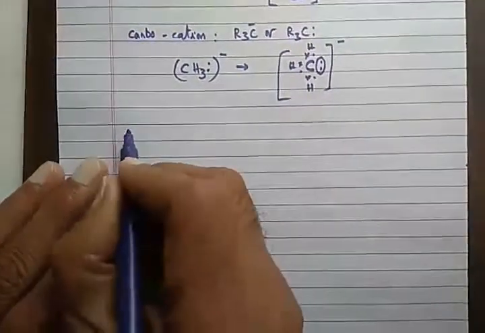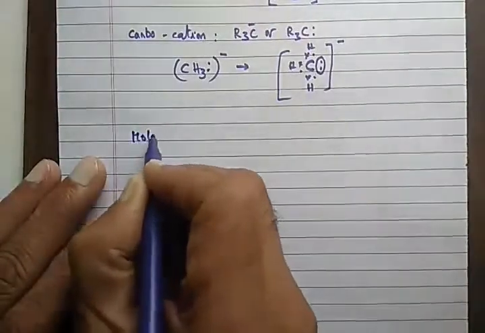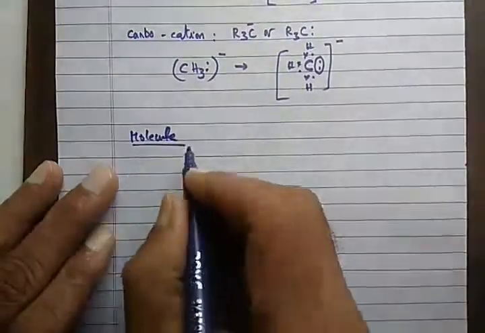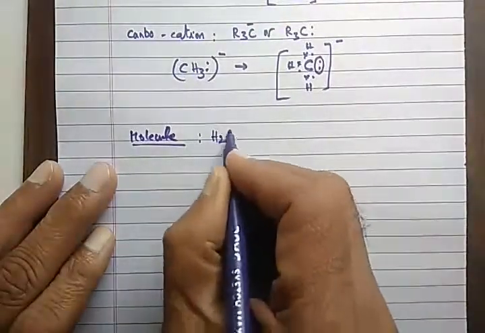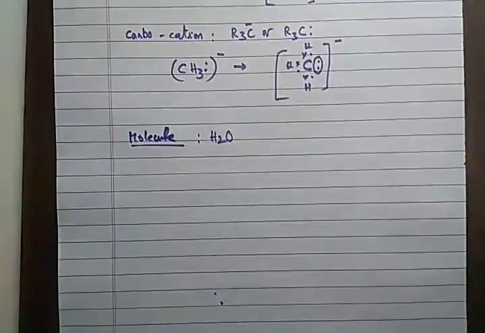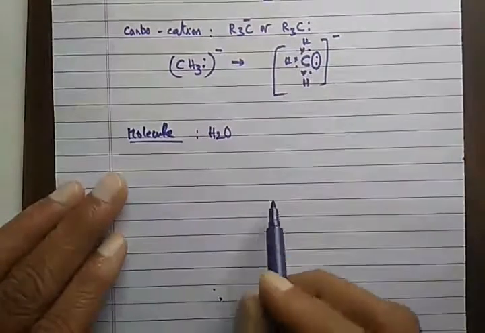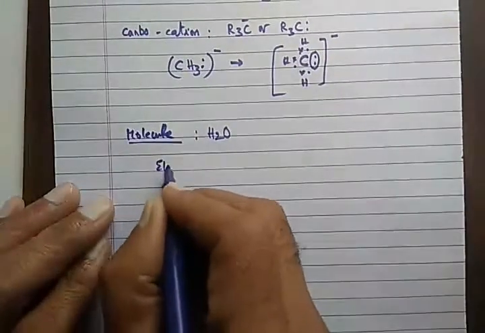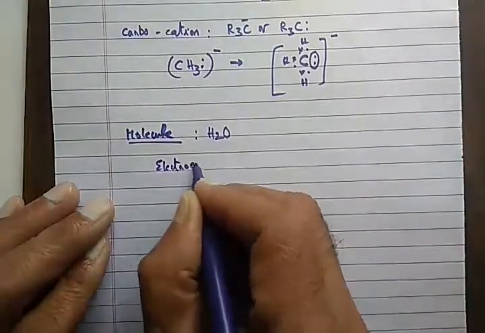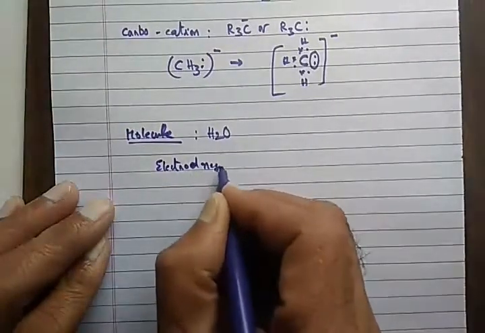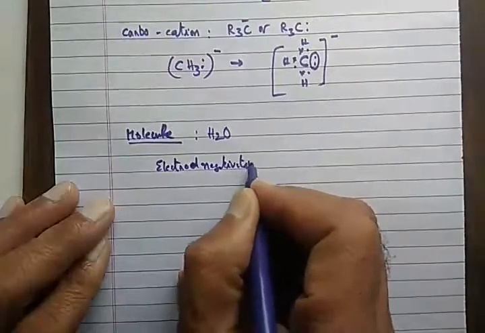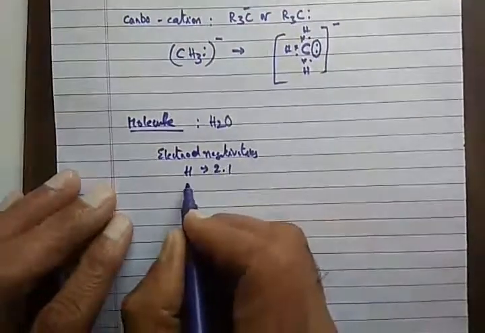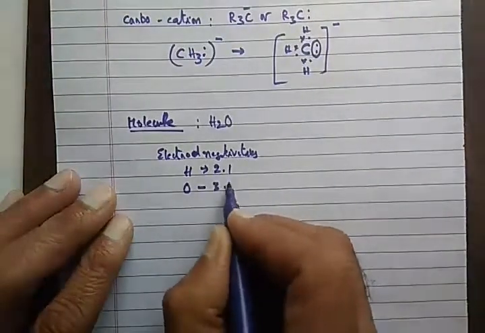And we will take one molecule as an example. I will take a very general one, water. Before that, we will note the electronegativities: hydrogen is 2.1, oxygen is 3.5.